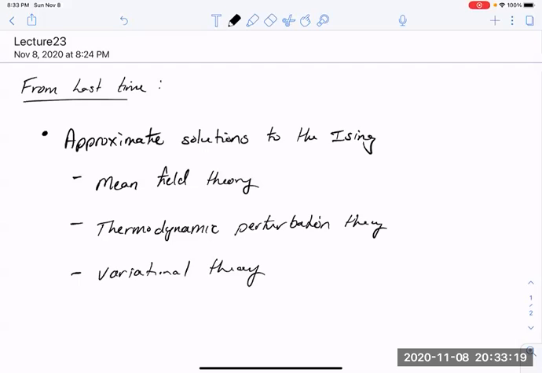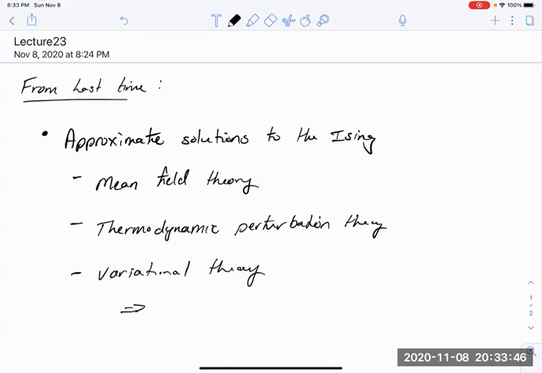We illustrated that by trying to find an optimal single spin system, non-interacting spin system, to map the Ising model onto, and found that, in fact, the optimal one parameter theory for the Ising model is the mean field theory we had written down initially.